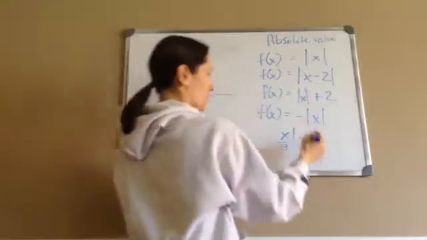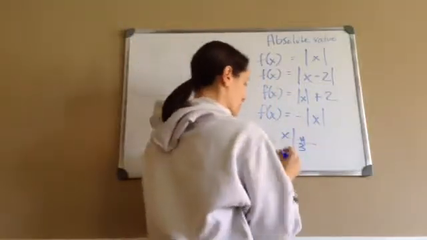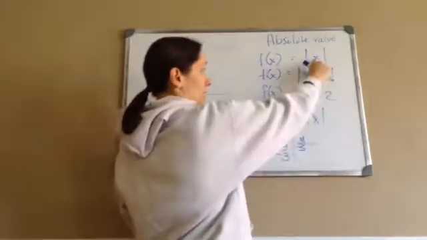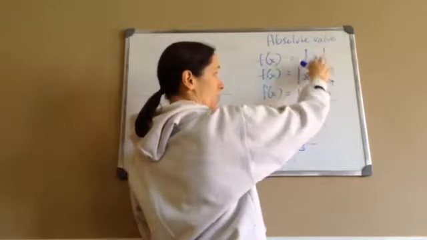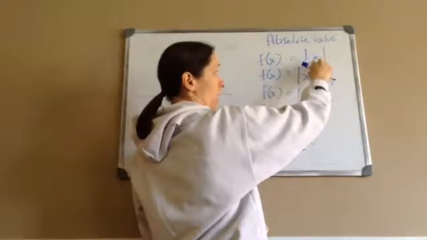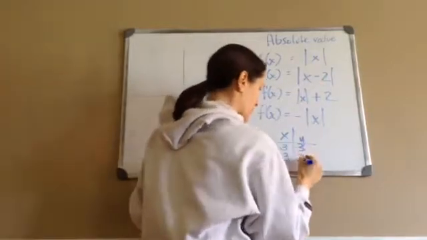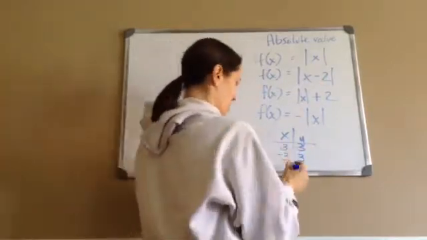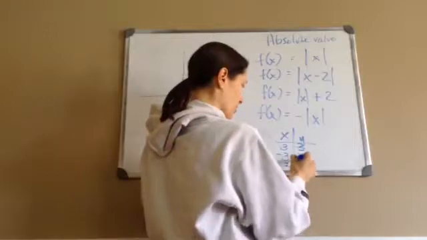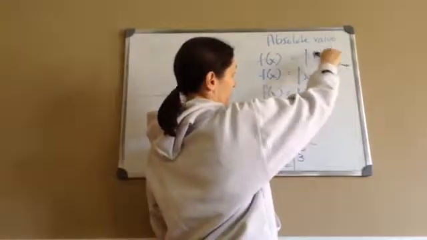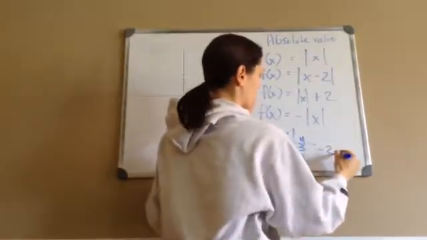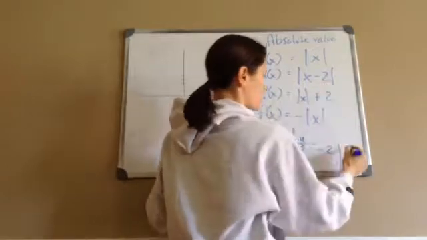It's 3. So it would be 3 as well. Let's try a negative number, negative 3. If x is negative 3, then what is the answer for y? Well, this absolute value changes it to a positive 3. Let's do another one. 2 is in there, and then it's going to be 2. And then if negative 2 is in there, it's going to be 2.